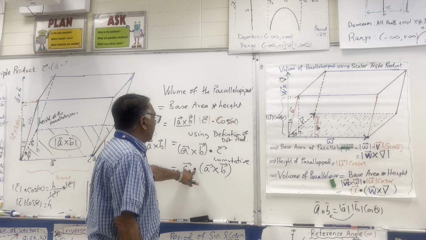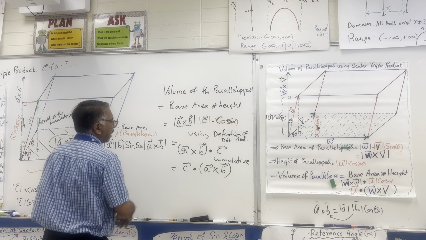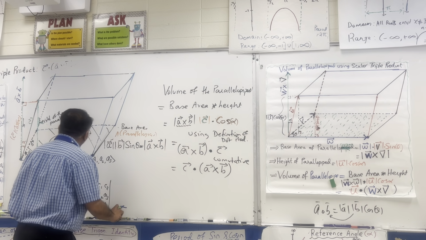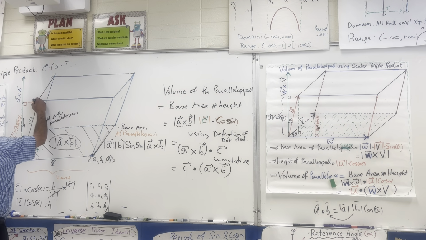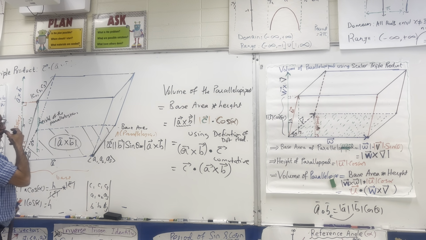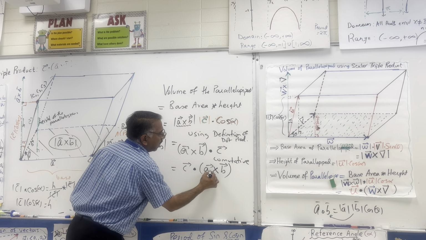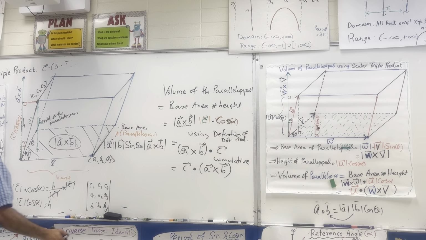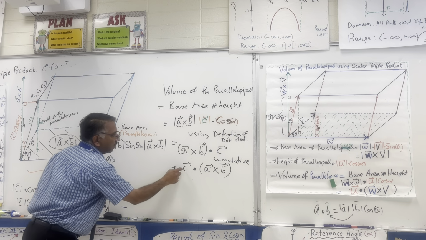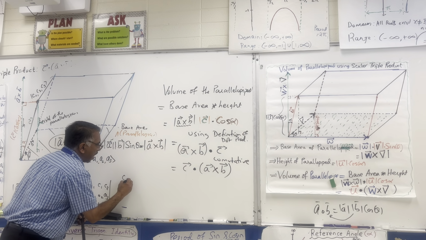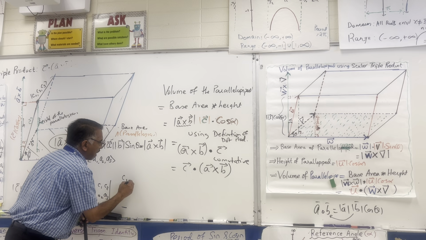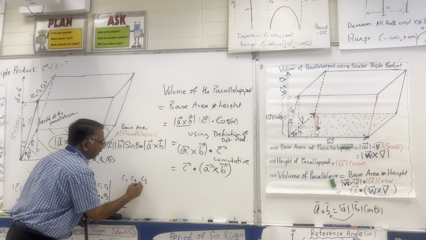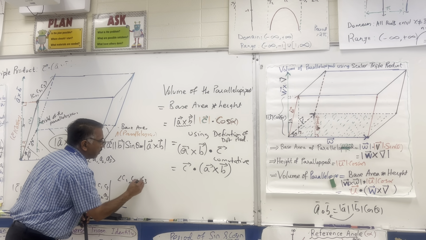So what does this mean? It basically means you are just multiplying. Let's see, if C was C1, C2, and C3, what's happening is A cross B is right here. Look at this A cross B. Earlier I showed it on the other side. Basically, this vector C is C1, C2, C3, so I can write it in component form.